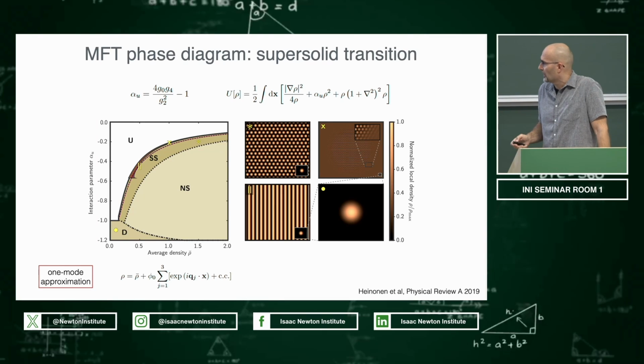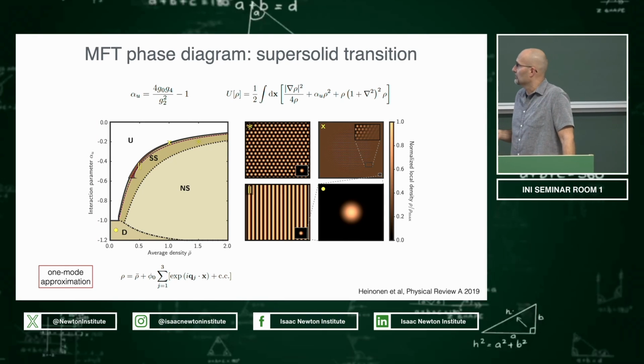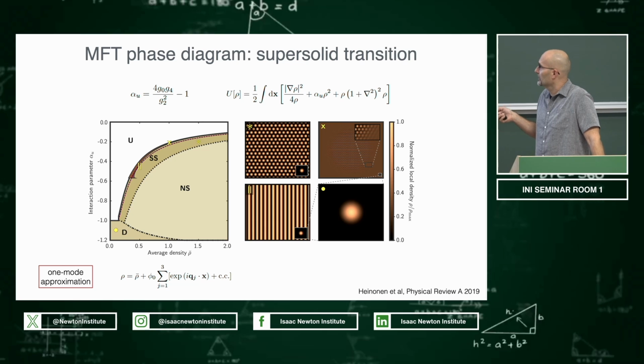What you can do is analyze these equations in more detail. Here's an effective interaction parameter, and that spans one axis of the phase diagram. Then there is a second axis, which is given by the average density in your condensate, the average number of particles per volume. Is it all two-dimensional? Everything is two-dimensional here that we do.